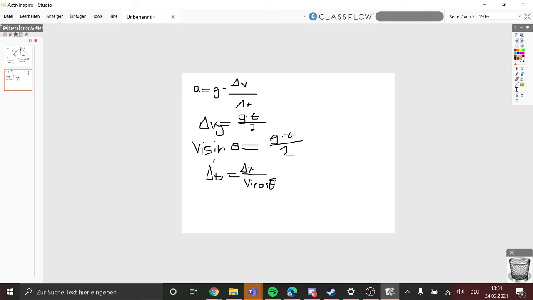By using this equality, we can plug this into this equation and we get Vi sine theta equals G over 2 times delta x over Vi cos theta.